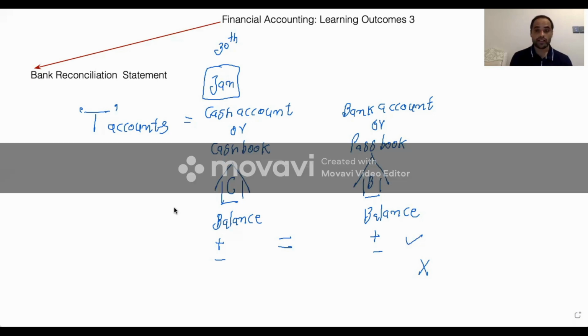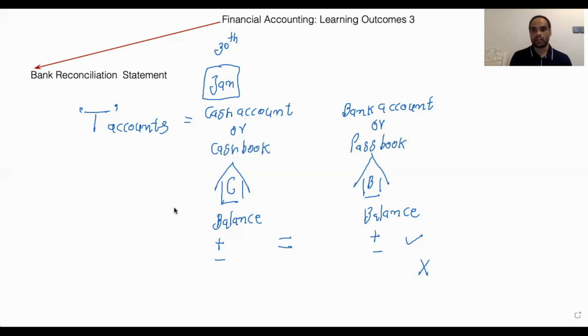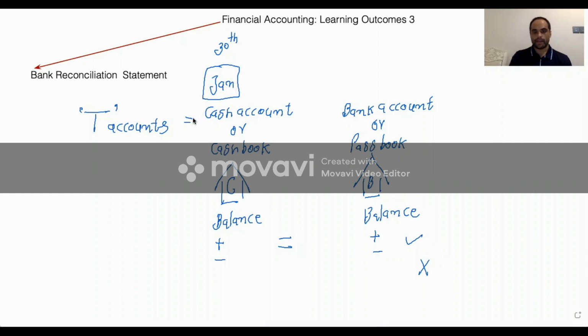Do you think when you deposit money in your bank account, it takes time to be credited? It's not that you deposit and the bank changes instantly. I will give an example later. So let's say you deposit money in the bank on 30th of January, and let's say 31st is Sunday, right?